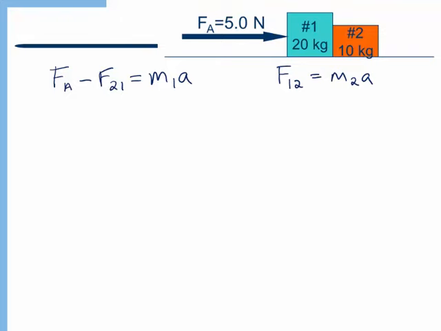At first, you look at this and think we have three unknowns, F21, F12, and a. However, we know from Newton's third law that F12 and F21 are related. So here's the question. Is F21 equal to minus F12, or is F21 equal to F12? Go ahead and think about that for a minute, and then restart the video.